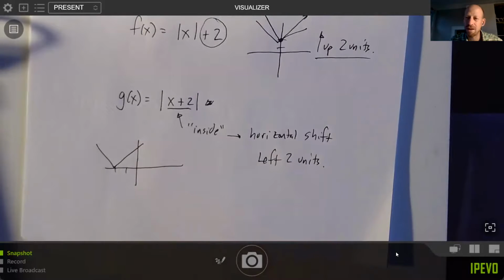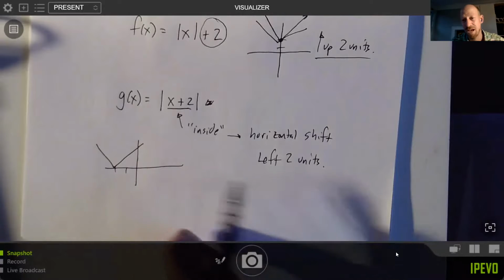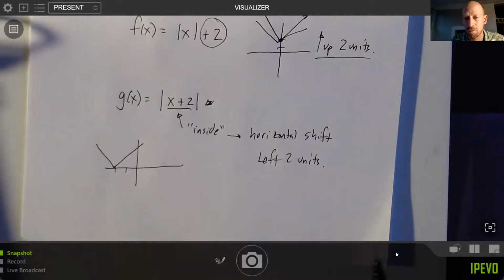So watch out for that. If it's +2, it moves it to the left. If it's -2, it moves it to the right. I know why it does that, but I just think of it as doing the opposite, which helps me remember which way that goes.